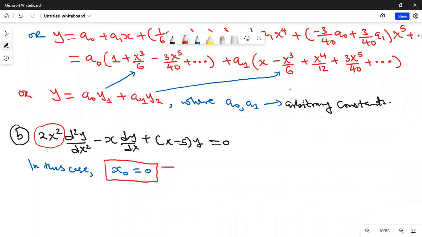If you test, you'll find that it is a regular singular point of the ODE. Now, it's like we are solving this ODE about a regular singular point. And the method that is used in solving such kind of equations is what we call the Frobenius method. So, use Frobenius method.